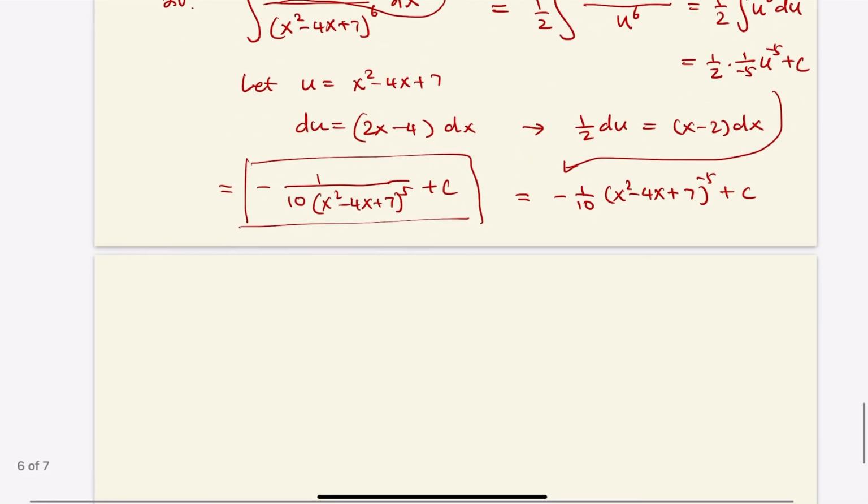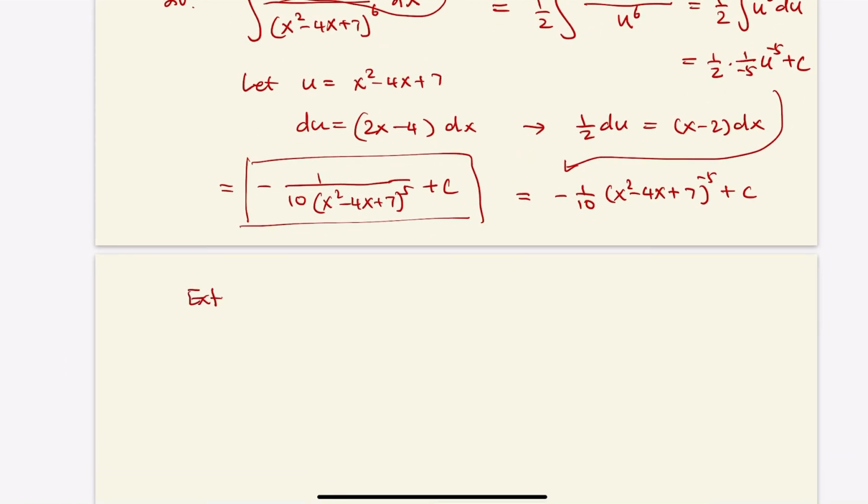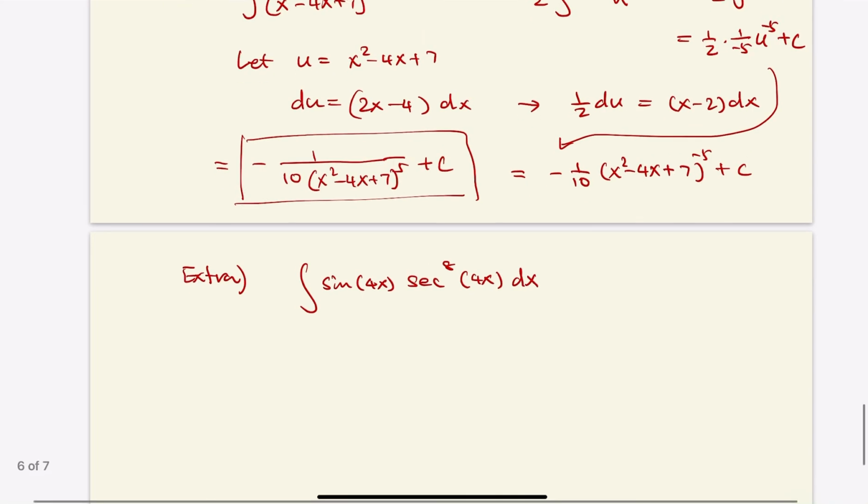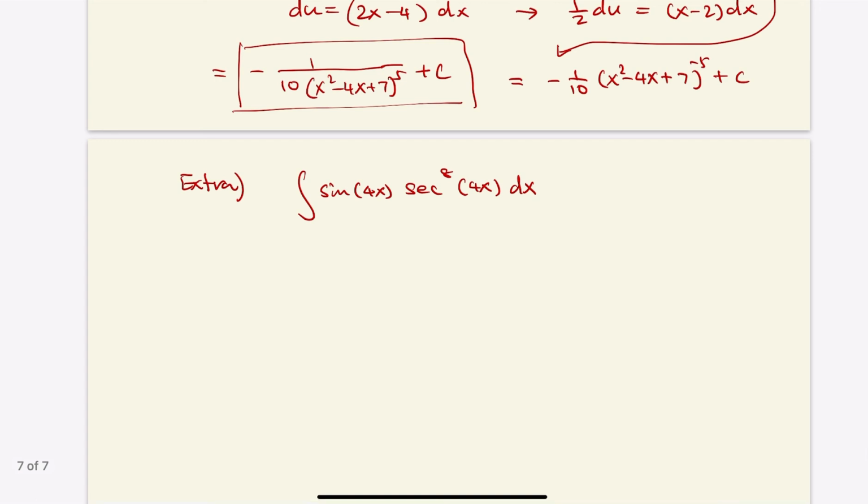There's extra credit. Let's do that. Integral of sine 4x and secant to the eighth power 4x dx. So let's use u sub. u equals, of course, 4x.